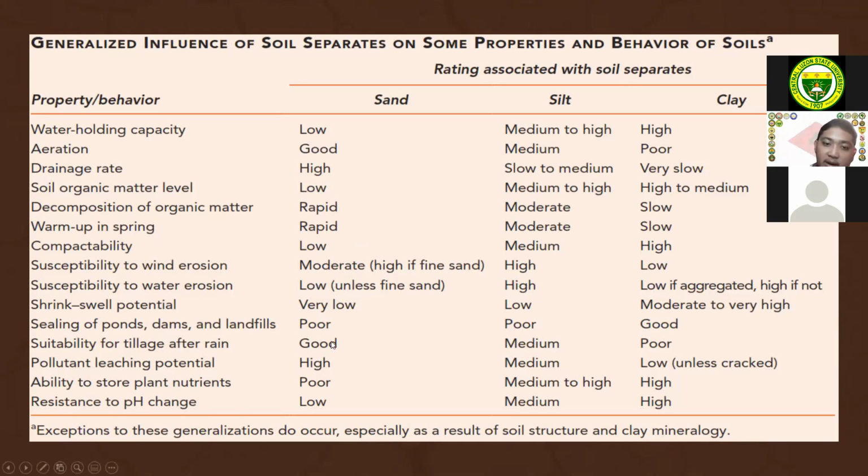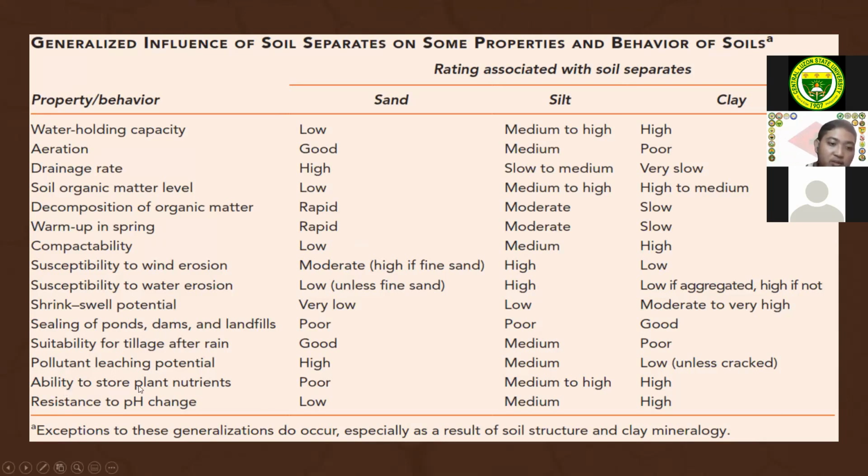So sand has very high potential in leaching. Sa clay naman, low kasi maliliit lang yung spaces niya, yung mga micropores na pwedeng daanan ng water para ma-leach out or nutrients na magli-leach out. Unless cracked. Siyempre pagka mayroong mga cracks, mas madaling mag-leach out yung ating nutrients or pollutant.